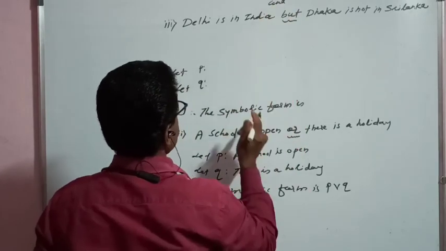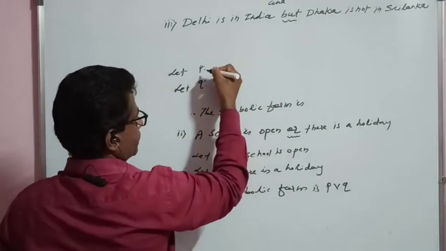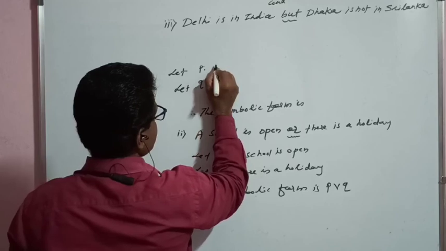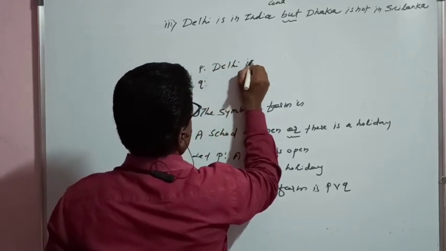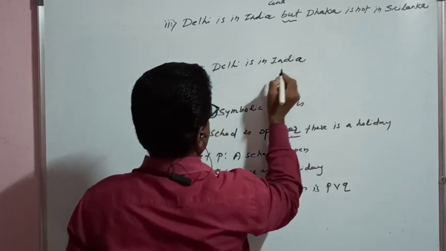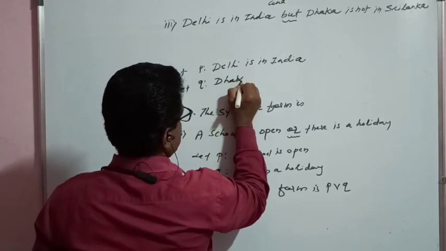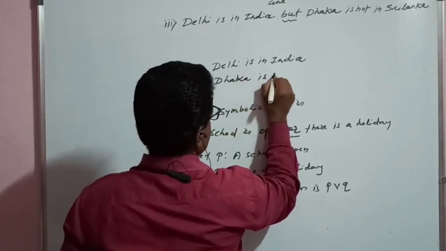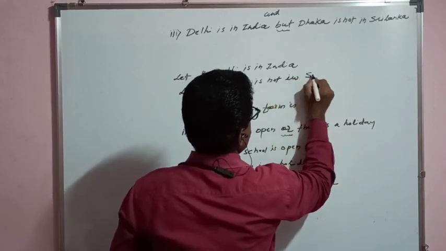An and. So separate these two statements by defining two letters. Say P: Delhi is in India. Statement Q: Dhaka is not in Sri Lanka.